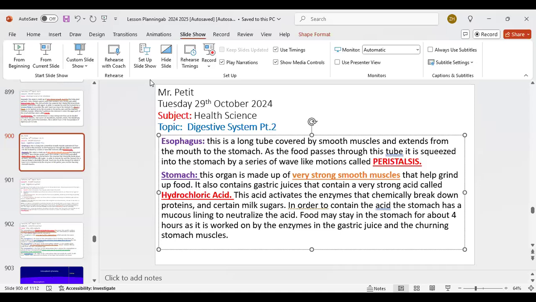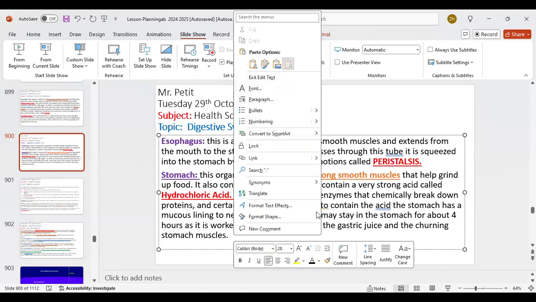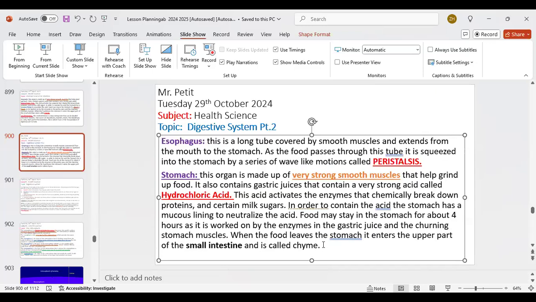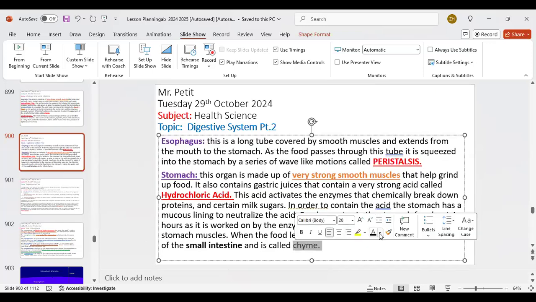When the food leaves the stomach, where does it go? Into the intestine. The bowel. The large intestine. No, it goes to the small intestine. And when it enters the small intestine, it is called chyme.